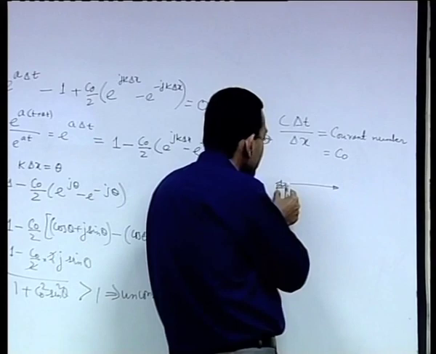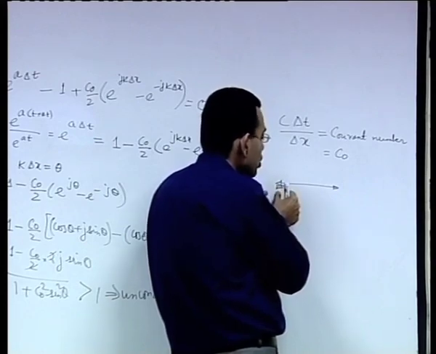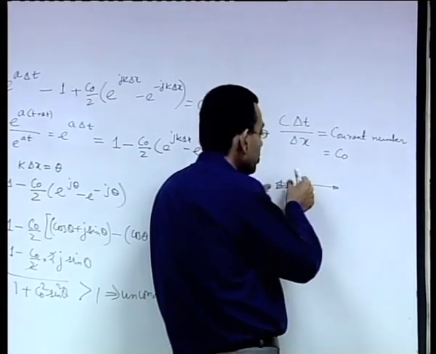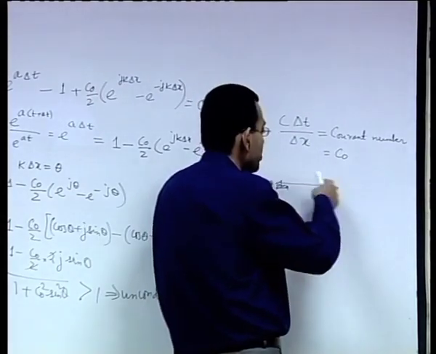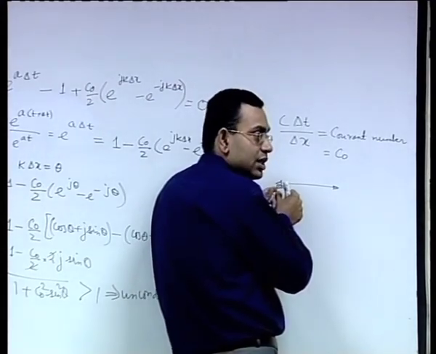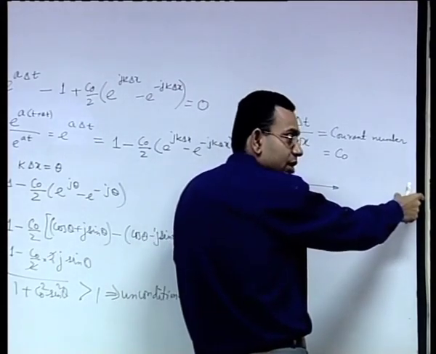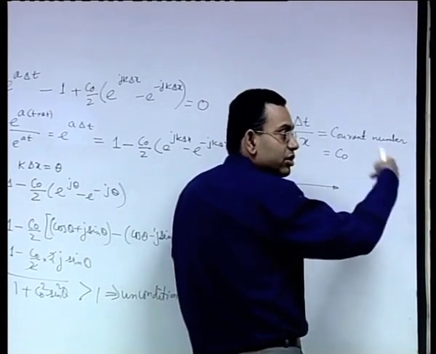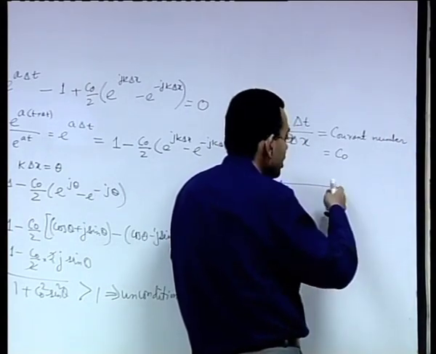Then each grid is not able to resolve properly the propagation of the disturbance, because the disturbance propagates so much, the grid is only up to this much. If the grid was large enough, then that means that you could have 4, 5, 6, 10 grids or 20 grids or 100 grids, say within this one.